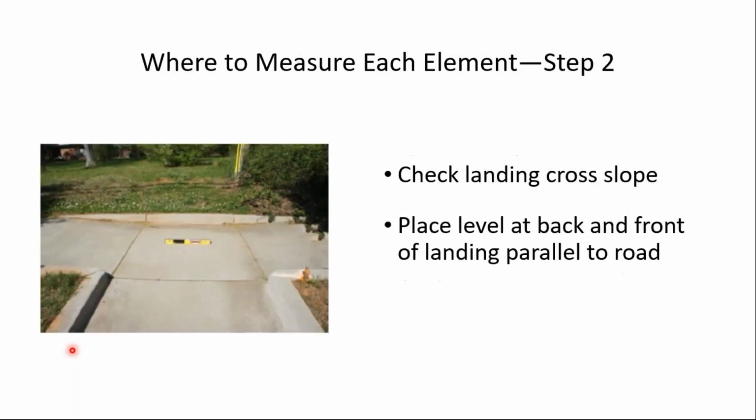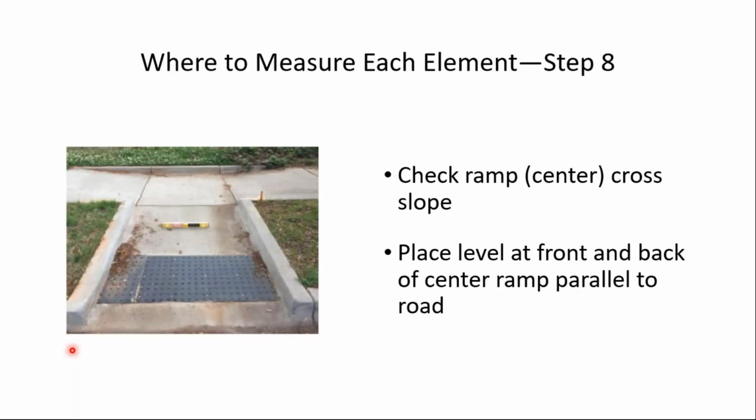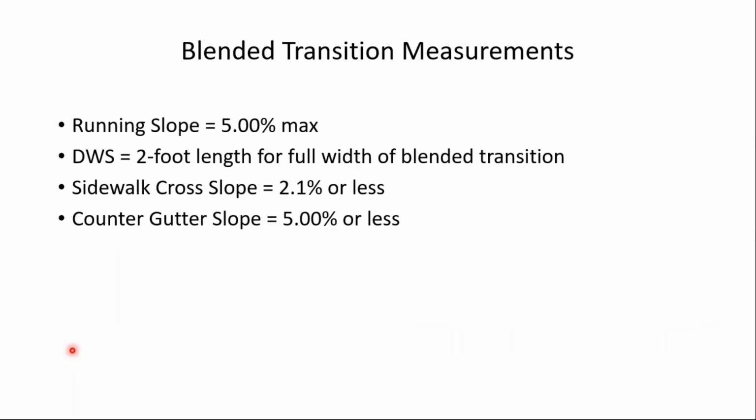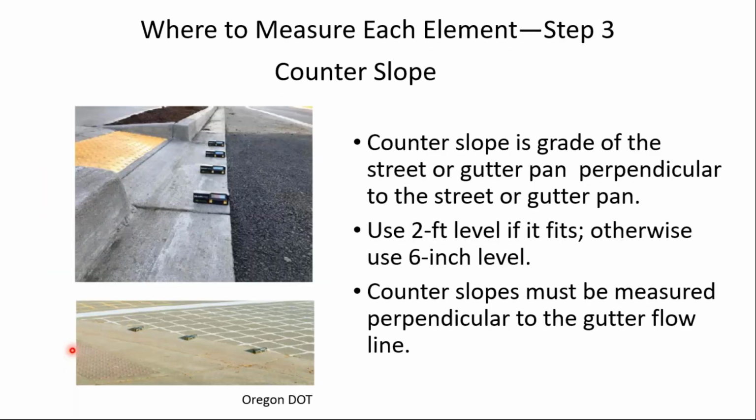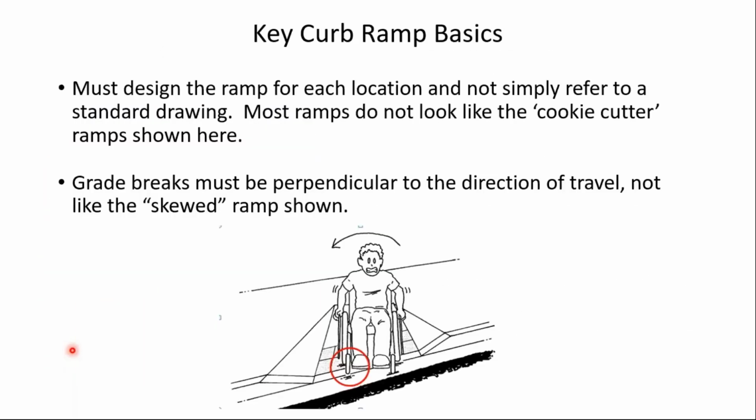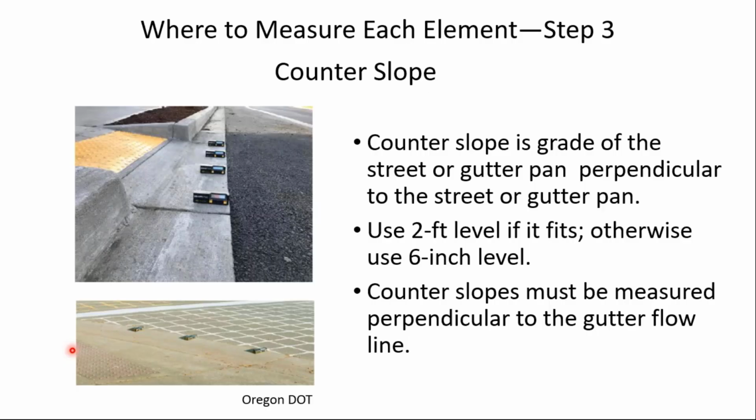Okay. Question from Alexandria. Is there an amount of debris at the base of the curb ramp or blended transition when you believe it would become a hazard or make the ramp unusable? Good question.